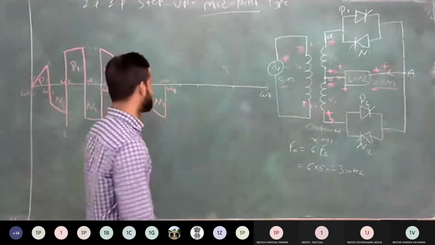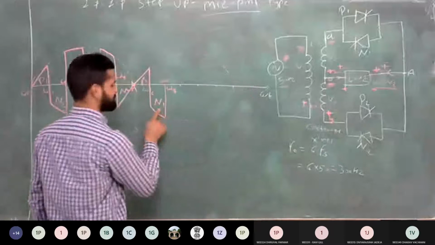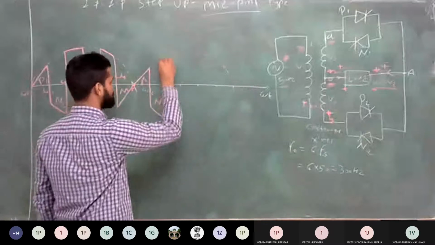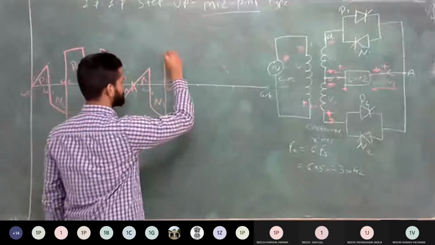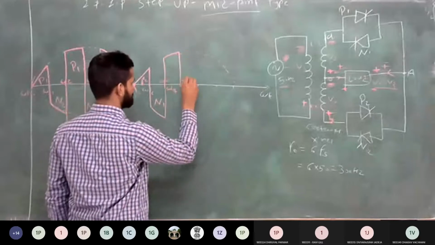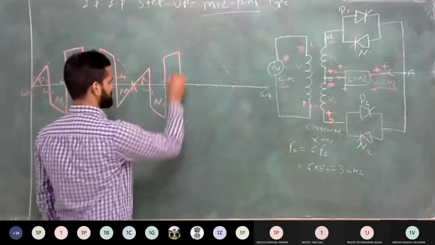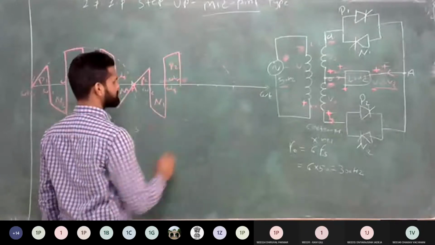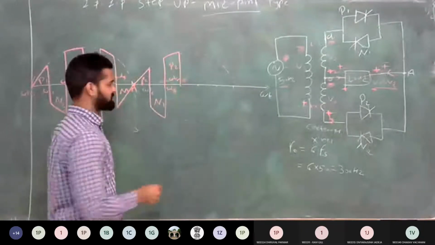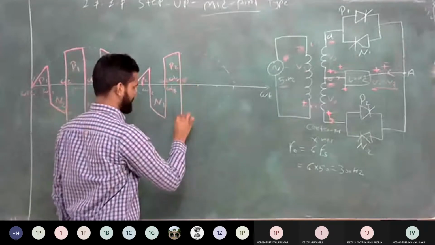Again, the positive cycle will start. After that, I turn on P1 again and forcefully commutate N1. So we get the positive analog up to omega T8. This is omega T8, the P2 conduction. Now again I require the negative voltage, so I forcefully turn off P2 and turn on N1.